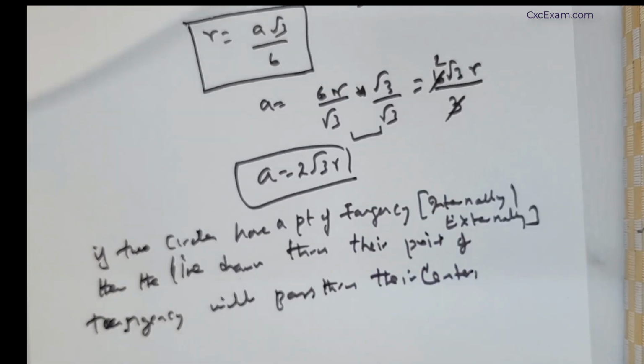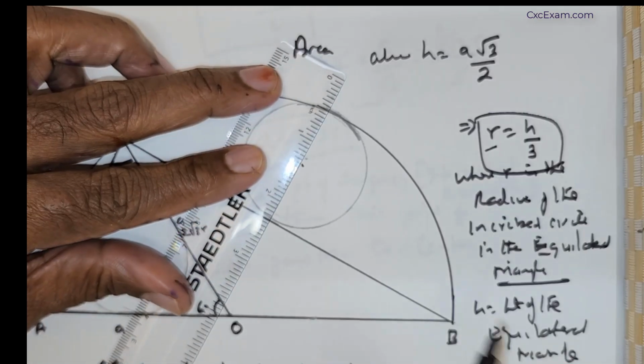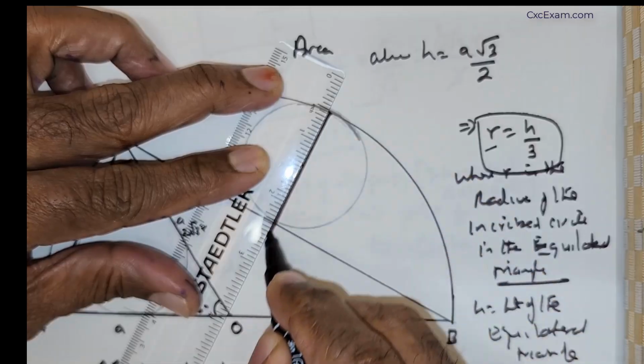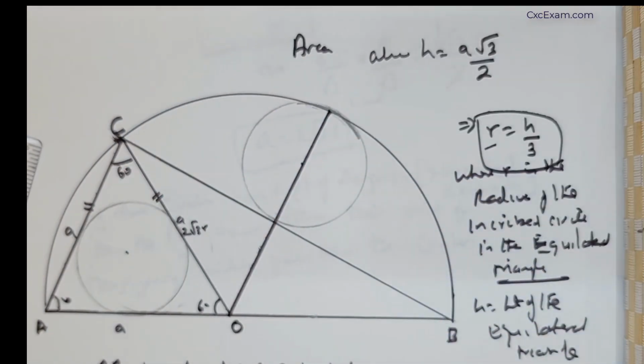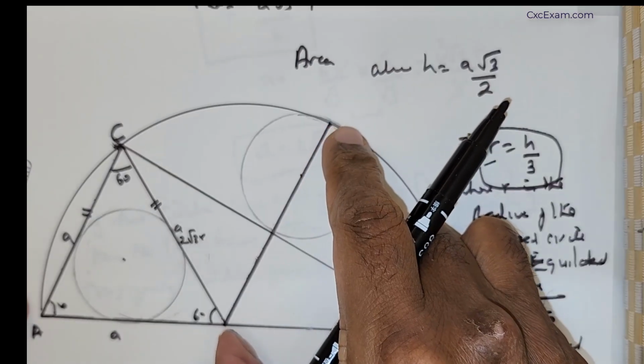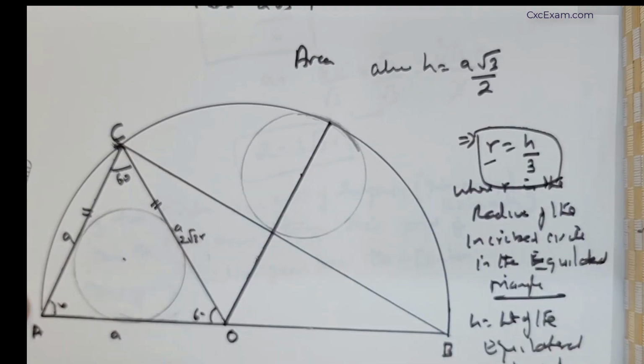Okay, so why this is important, I will just tell you within a minute. So there is a hit there. Okay, now this is actually a diameter for this entire circle.